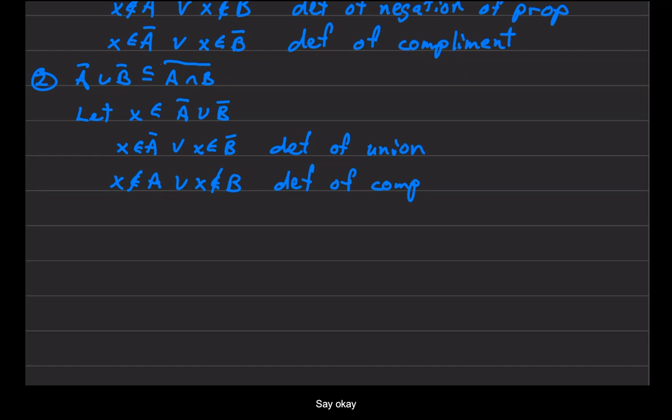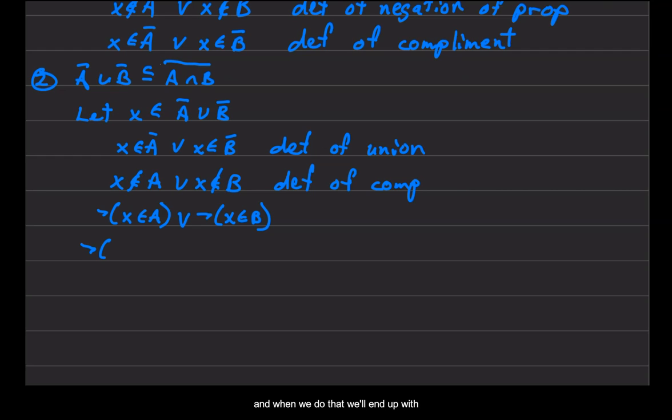We'll say, okay, then we have the negation of X is in A, and the negation of X is in B. And then if we're going to pull that negation out using DeMorgan's laws, we can do that.